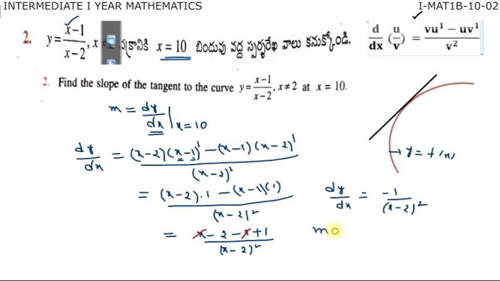So m is equal to dy by dx at x is equal to 10, which means substitute x is equal to 10 in this one. 10 minus 2 means 8, 8 whole square means 64, so you are getting minus 1 by 64 as the required answer.